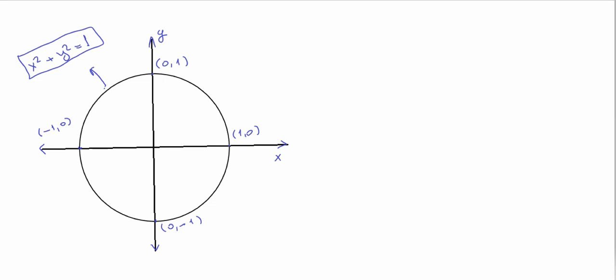Alright, so in the last lesson we also saw that sine theta squared plus cosine theta squared is equal to 1. This equation looks very much like this one.